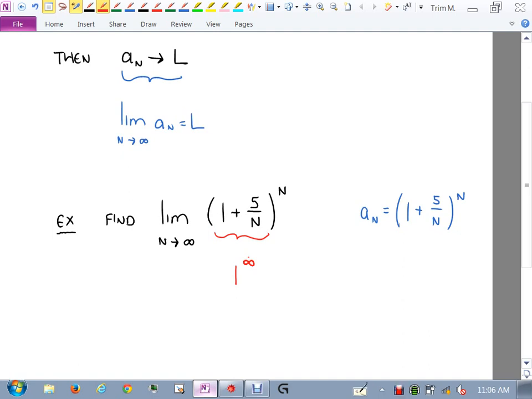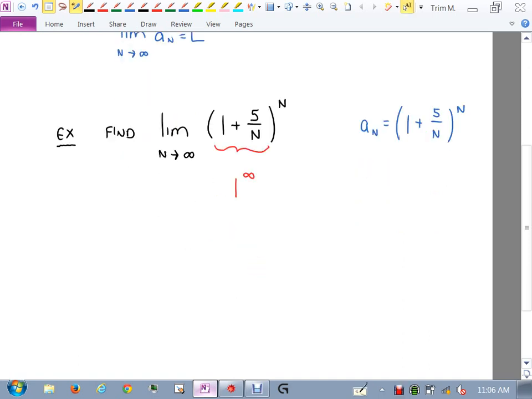So what I'm going to do first is I'm going to look at, let's investigate the function f of x equals 1 plus 5 over x to the x. So what I've done is I've transformed this sequence, which is only defined on integers, to a function which is defined on all real numbers. Now you'll see the value of that in a second.